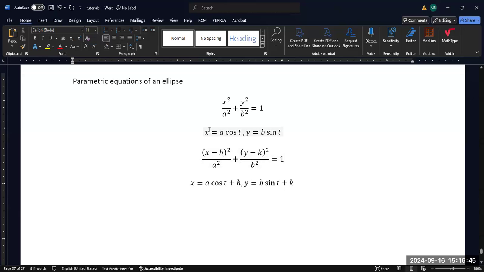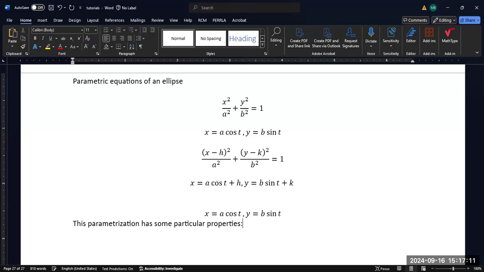Now, given our standard parameterization, the one that we came up with here centered at the origin, this parameterization has some particular properties. And so we're going to look at those properties and then we're going to tweak them.